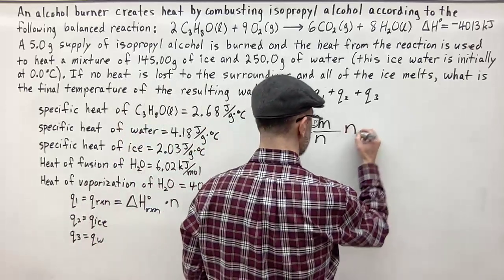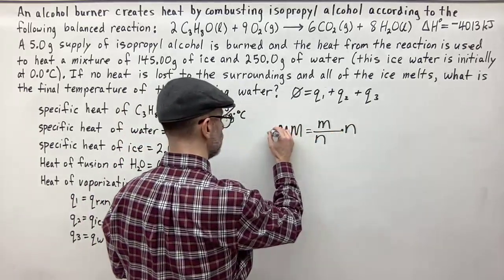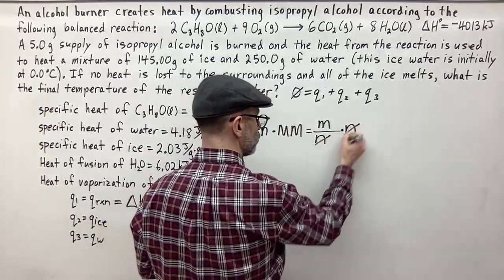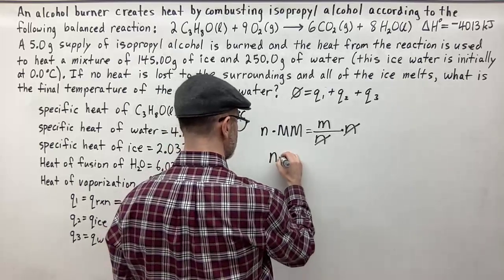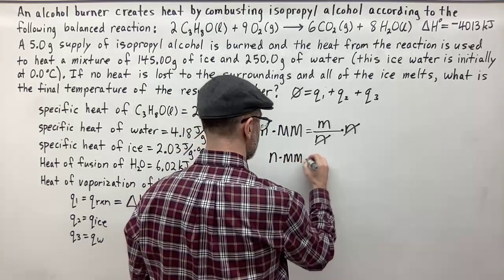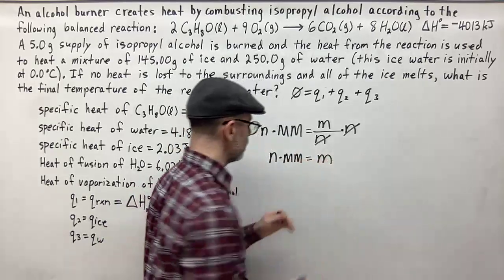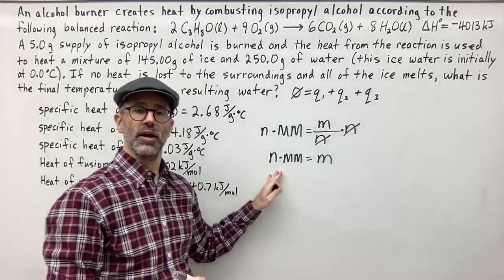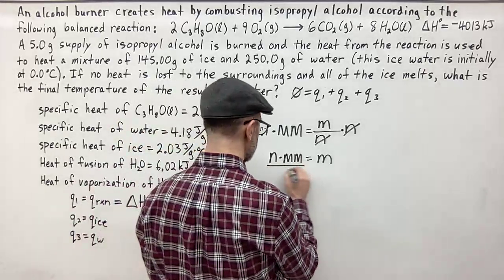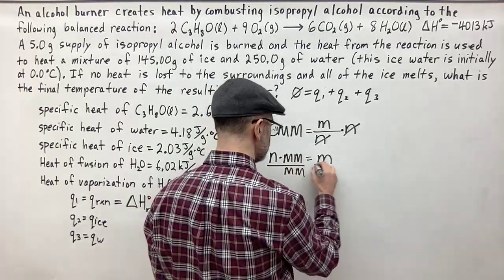So if I multiply both sides by N, it cancels out, and I get N times the molar mass is equal to the mass in grams. And now I can solve for N by dividing by the molar mass on both sides.